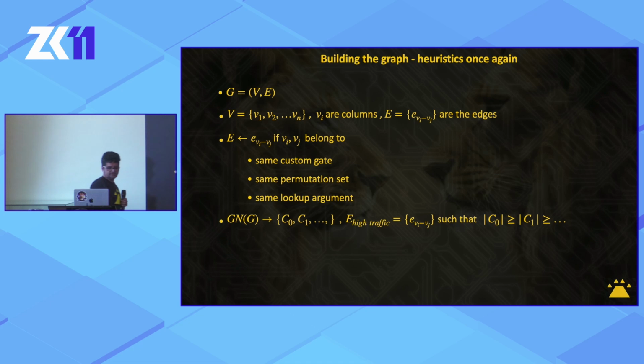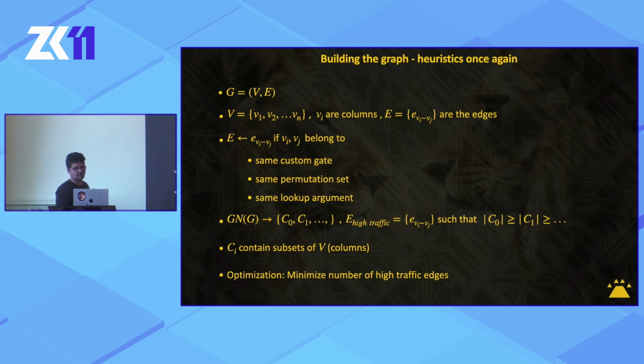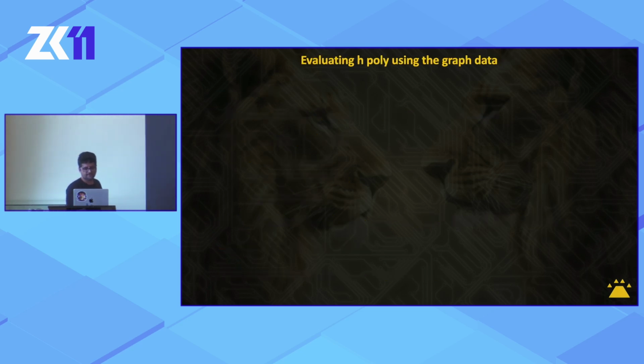So that's the result of the Girvan-Newman algorithm, and it contains a subset of columns. The idea is to minimize the number of high traffic edges so that different connected components appearing in the Girvan-Newman algorithm have fewer edges that are overlapping across them.